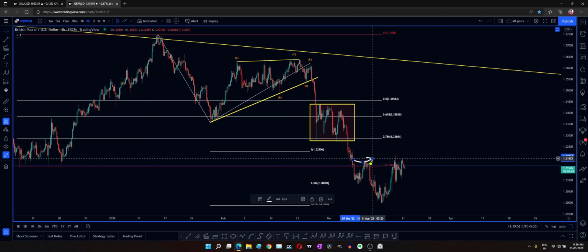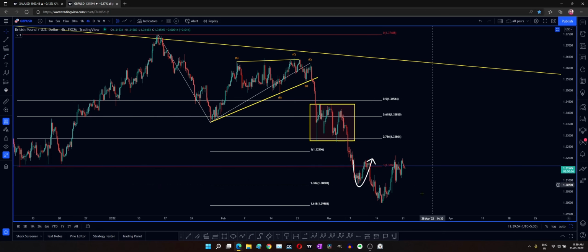If you see, price has made this inverted head and shoulder chart pattern. You will not see the exact same chart pattern which you see in the book. There will be some difference. This is your left shoulder, this is your right shoulder, and this is your head.